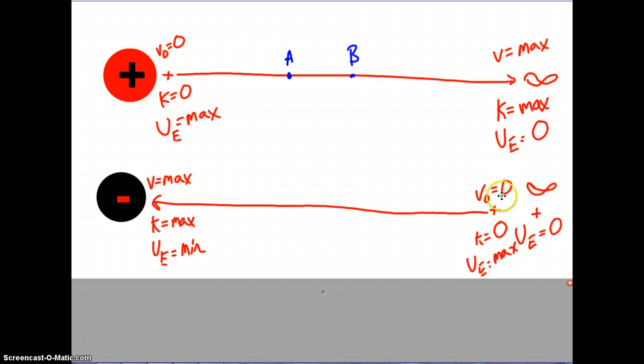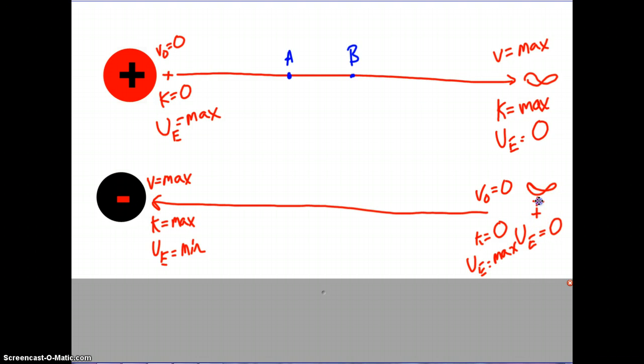Well, far away as possible is at infinity. But if we're truly at infinity relative to this source charge, then if we let go of it, nothing's going to happen because we're at infinity. And we're reminded that the electric potential energy at infinity is zero.